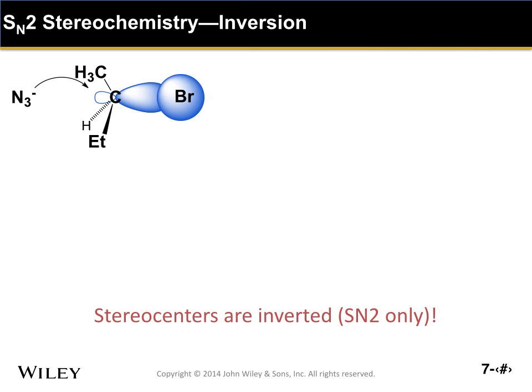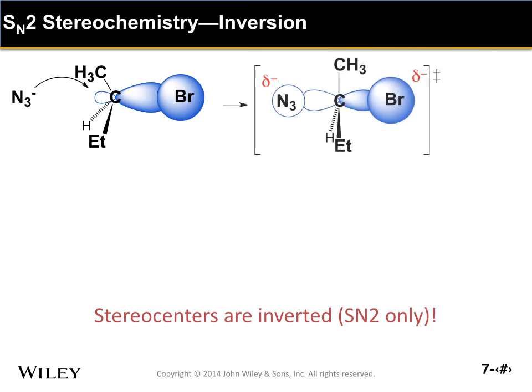The nucleophile comes into the smaller lobe at the backside of the carbon-halogen bond. In the transition state, we've half broken the carbon-halogen bond, and we've half made the carbon-azide bond. And so there's a negative charge that's building up on the N3 minus. The bromide is also building up charge as it's leaving, so that's delta minus.